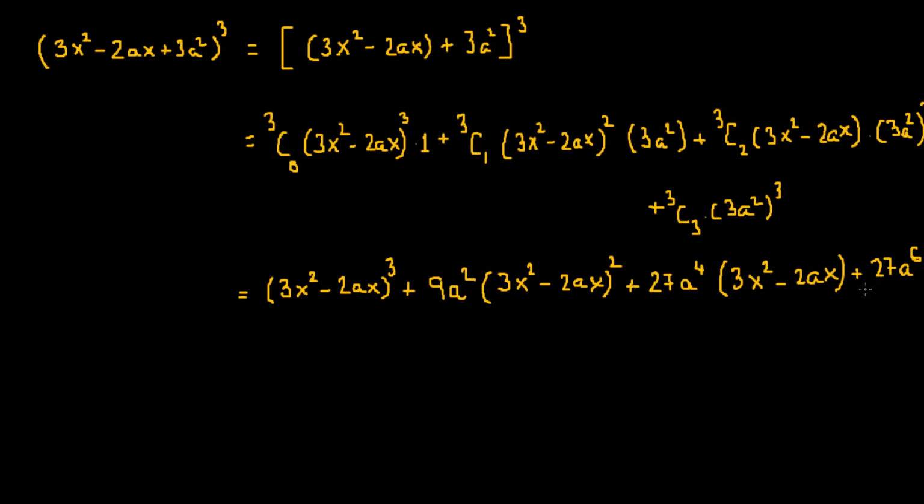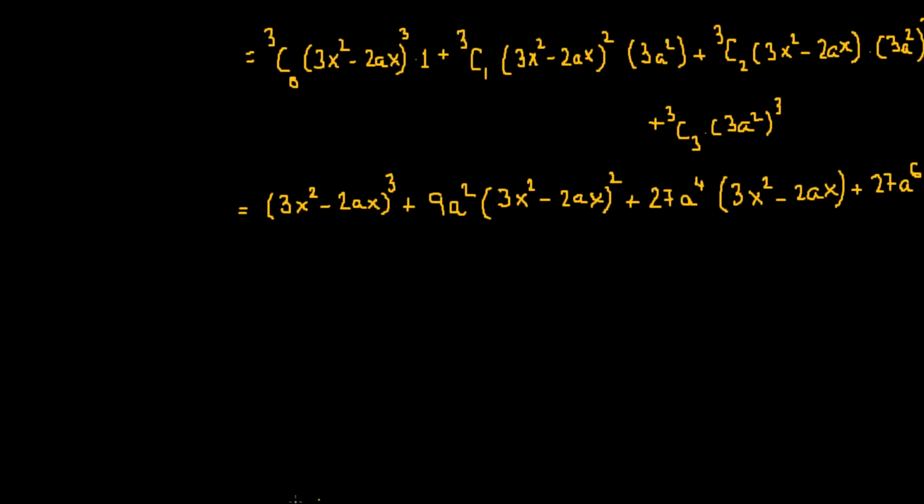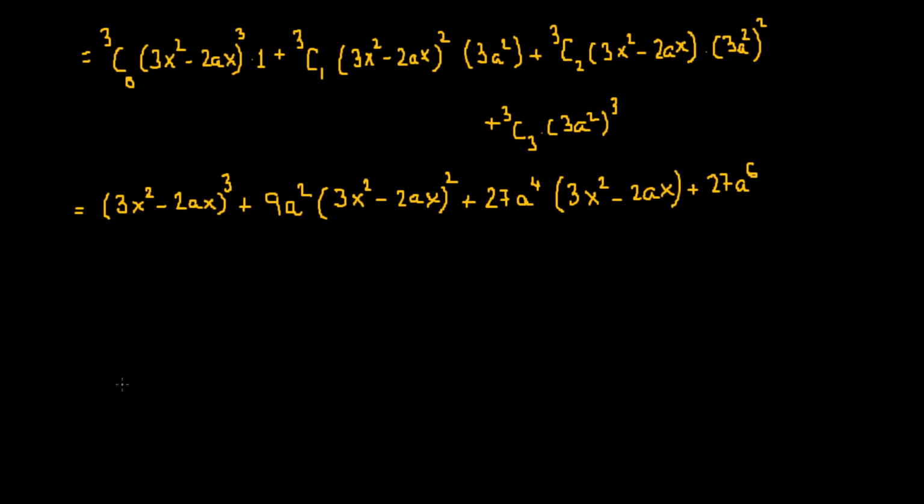Great. Now we are going to expand (3x squared minus 2ax) whole cube, again by using the binomial theorem. So this is 3C0 (3x squared) to the power of 3. So negative 2ax raised to the power of 0 is 1.